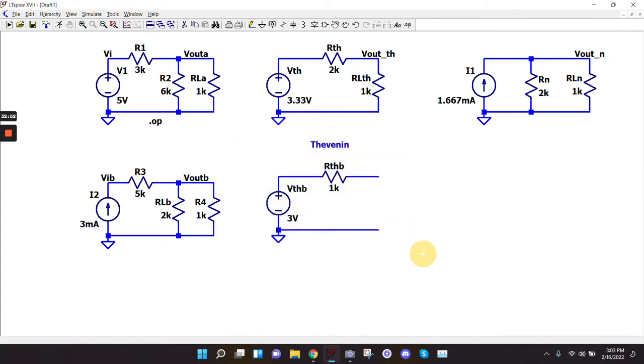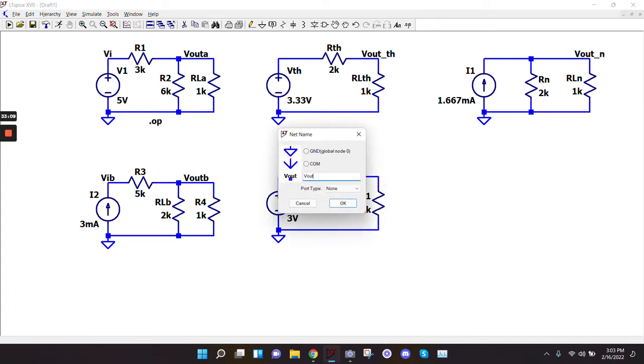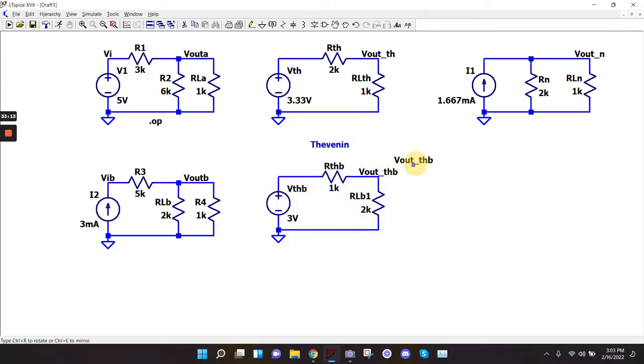So to clarify, this is my Thevenin equivalent circuit. That's the equivalent circuit, and then I can connect the load to check if the output is the same. So my load in this case is a 2K resistor. So I take my load and I plop it right here, and then this will be my V out Thevenin B, and that should match V out B. Okay, so let's run it.